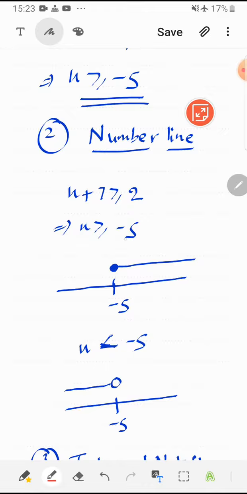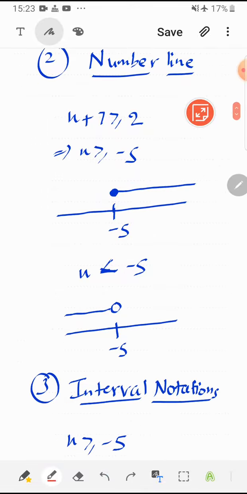And as x is larger than minus 5, I will produce a line towards the right side, and also x is equal to minus 5, so I will put a dark circle, that means x contains minus 5 also. In case x is less than minus 5, then I will move towards the left, and as there is no equality, I will put a hollow circle, that means minus 5 is not contained.